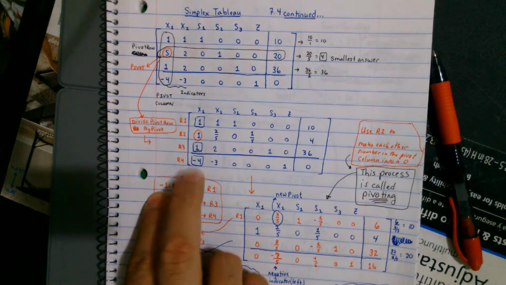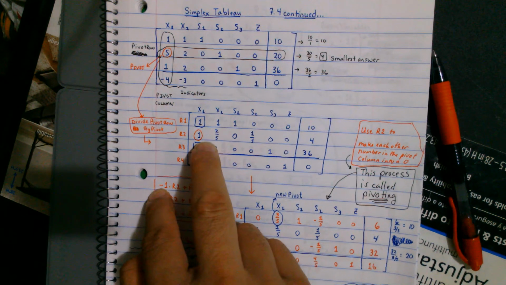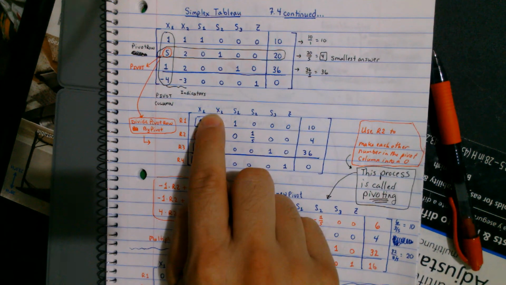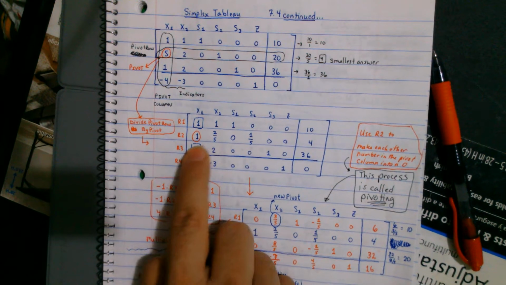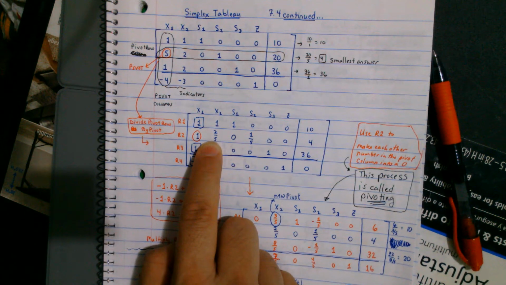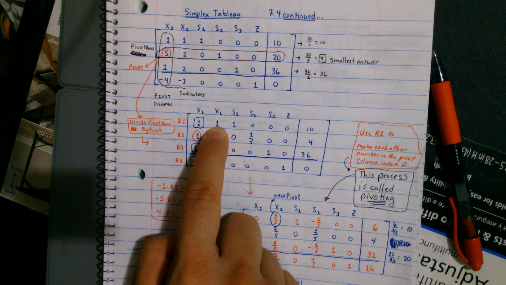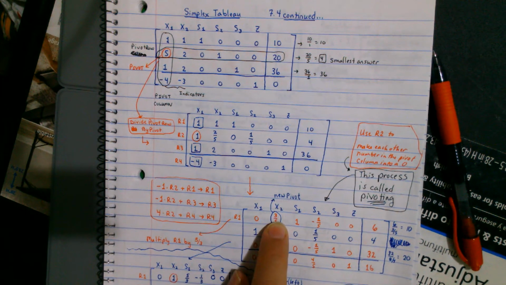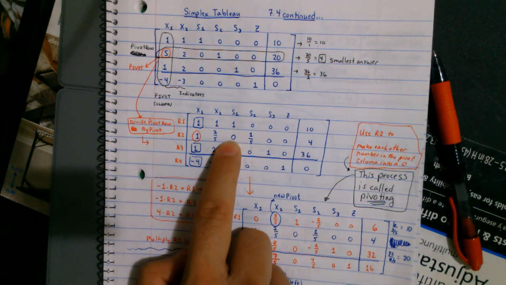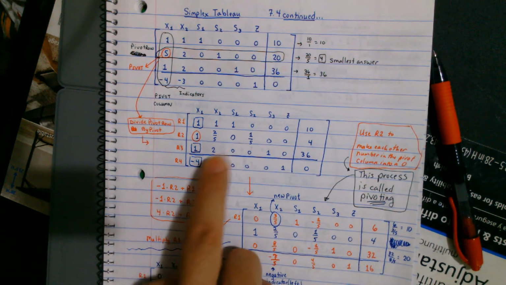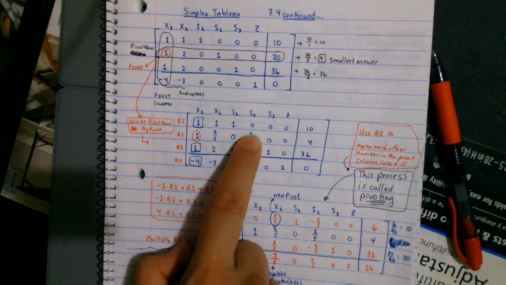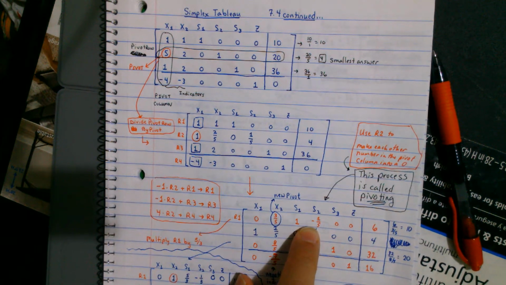So if I may here, -1 times 1 is -1. -1 plus 1 is 0. That's going to go here. -1 now times +2/5 is -2/5. -2/5 plus 1, which is 5/5, is +3/5 right here. -1 times 0 is 0, plus 1 is 1. -1 times 1/5 is -1/5, plus 0 is -1/5.